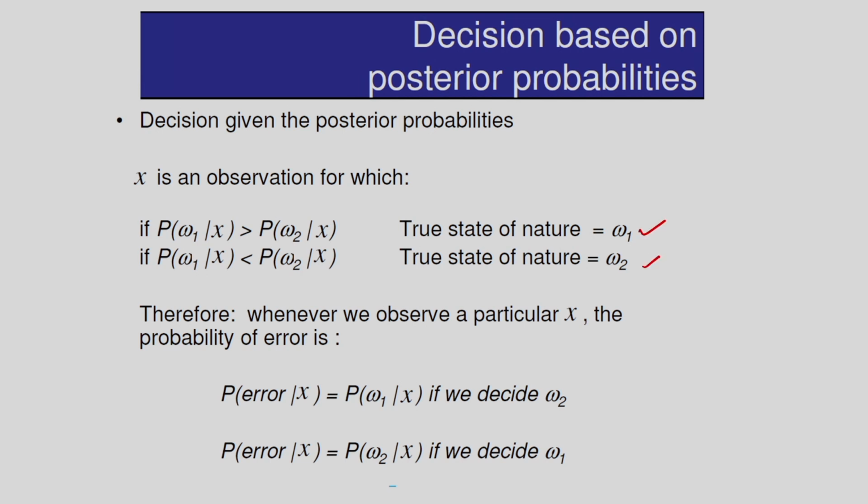If the probability of W1 given x is greater than the probability of W2 given x, then I have to consider the class as W1. Similarly, if the probability of W1 given x is less than the probability of W2 given x, then the corresponding class will be W2. Based on this principle, I can do the classification.